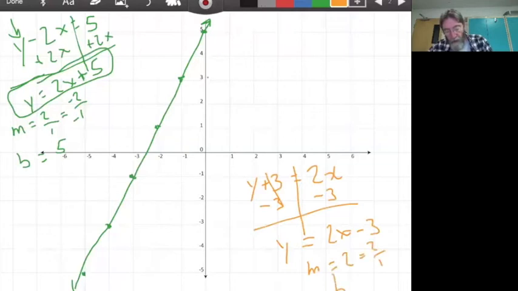And our y-intercept is -3. So we go to -3 on our y-axis, and our slope is 2 over 1. Well, that means to go up 2, right 1, up 2, right 1, up 2, right 1, up 2, right 1, or down 2 and left 1.